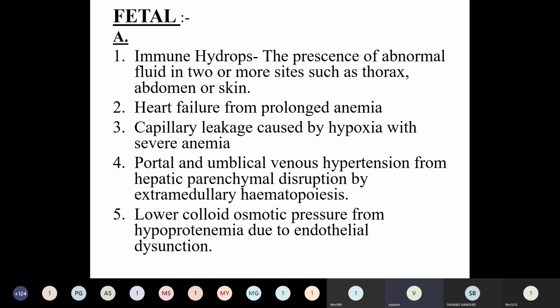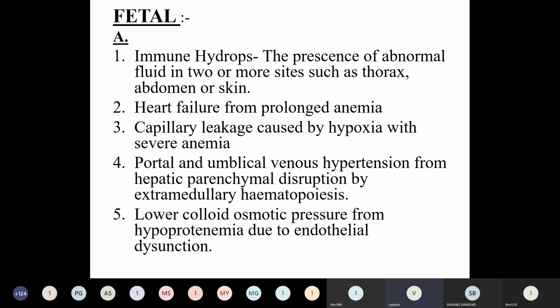The fetal complications would be immune hydrops, that is the presence of abnormal fluids in 2 or more sites such as the thorax, abdomen or the skin. Heart failure most often occurs from prolonged anemia, capillary leakage caused by hypoxia with severe anemia.